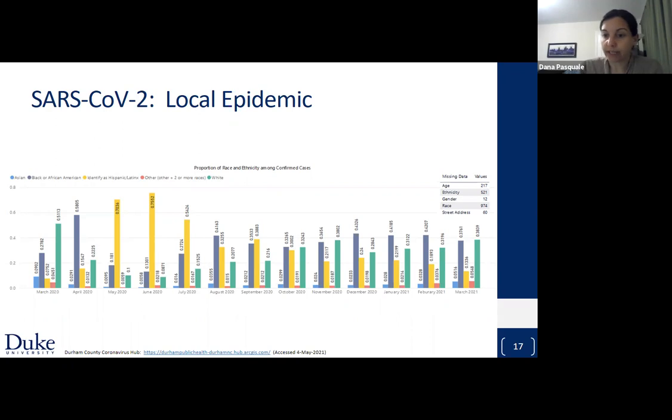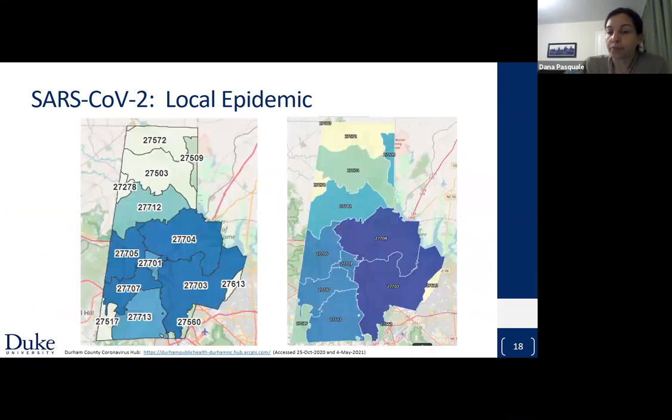And then right after that, cases soar among Hispanic and Latinx people, the yellow bars, followed by Black or African American people, the indigo bars, and then the whites, the green bars, catch back up. These two maps, October 2020 on the left and May 2021 on the right, show that there's a geographic gradient as well that's been distinguishable for most of the epidemic.